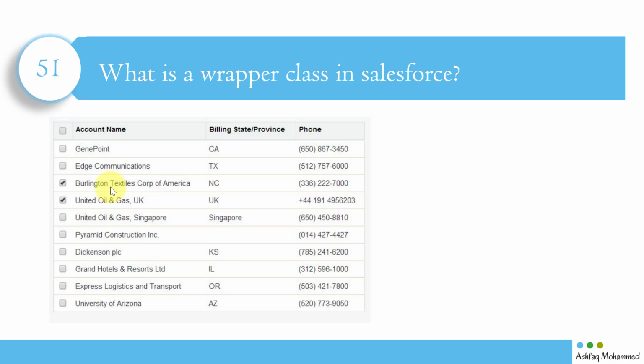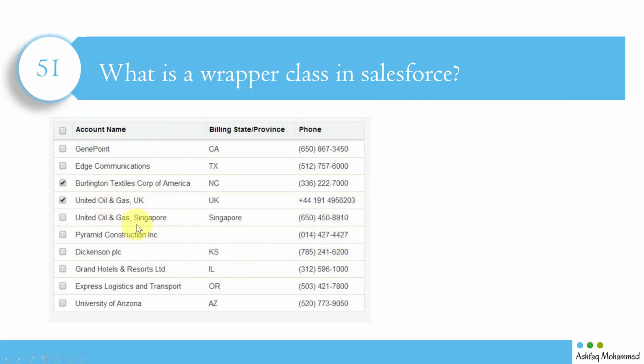Okay, so this is one example, but because everyone tells this example, the interviewer might ask you, can you tell me a different example of what you did with a wrapper class? See, a wrapper class is nothing but to wrap things. So let's say I want to show the opportunities and contacts together in a single grid format. Opportunity is a completely different object, and contact is also a completely different object.